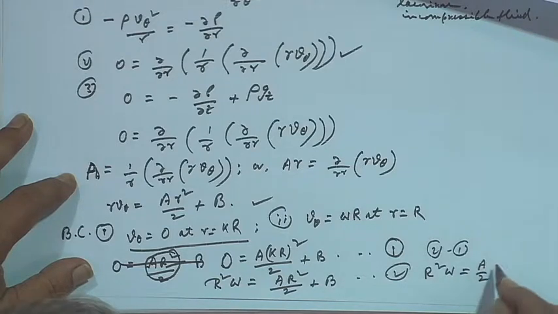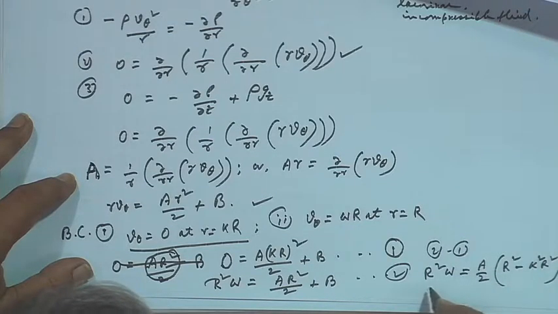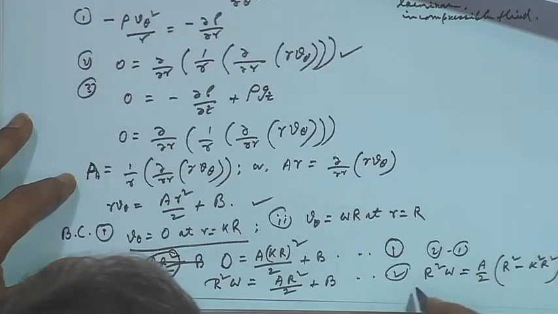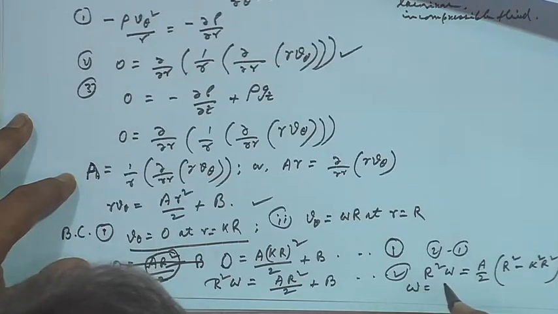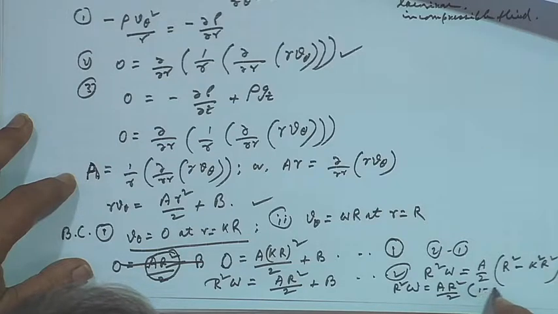If we take R square common, then R square omega is equal to A R square by 2 into 1 minus k square.